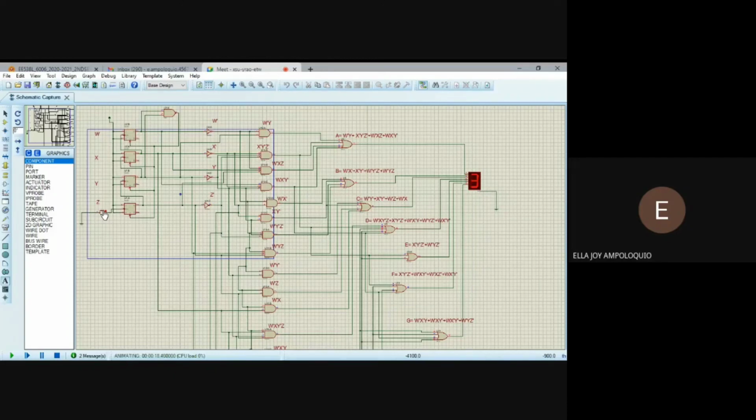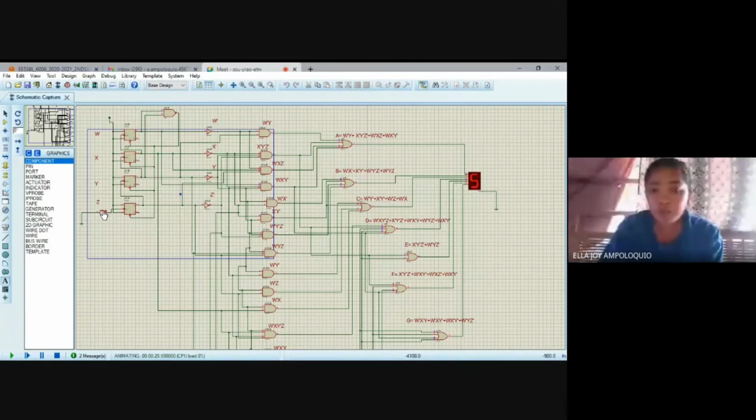Then if I click, the output will be 4. If I click another one, the output will be 5, then 6, then 7, then 8, then 9.